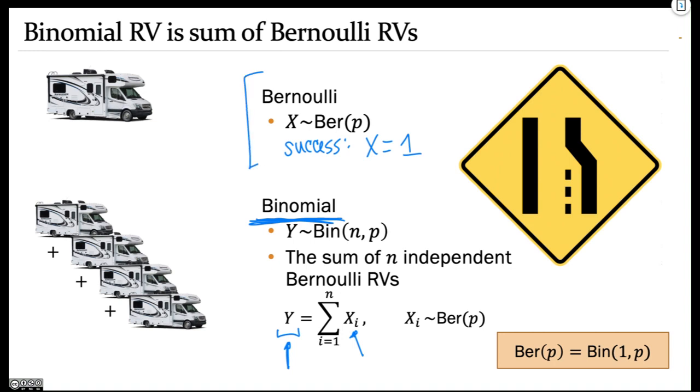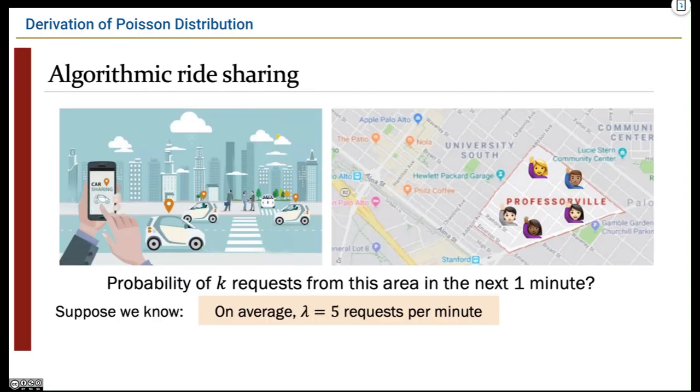All right, and then we have one last distribution that we're going to derive. To do this, I want us to picture that we are trying to come up with the probability of k requests from a given area on some ride-sharing app. Okay, so you're trying to call an Uber or some other type of rideshare.